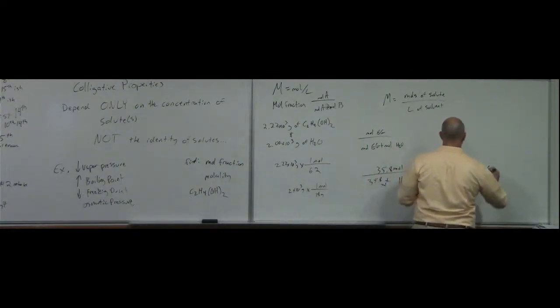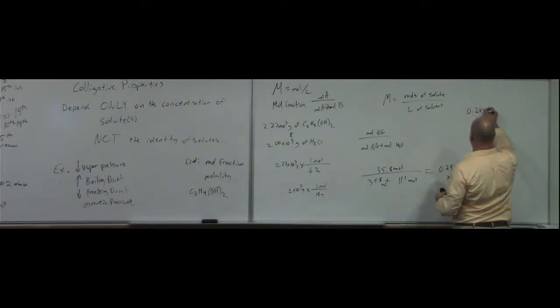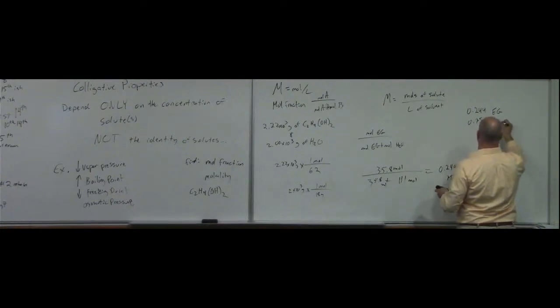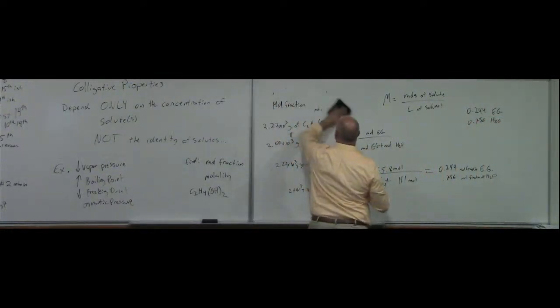So I'm going to write down these 2 mole fractions here. I've got 0.244 for ethylene glycol, and I have 0.756 for water. Now, I'm going to erase all this.